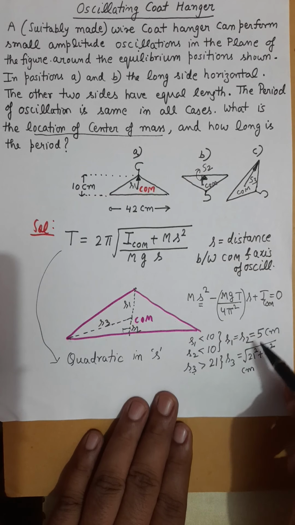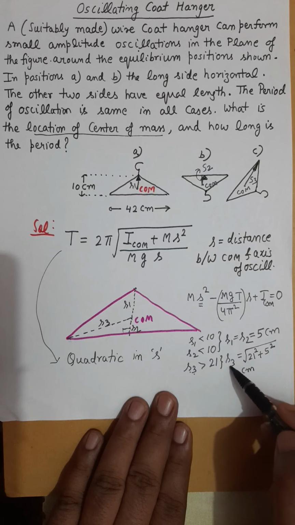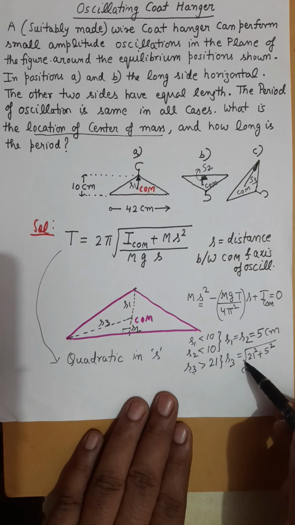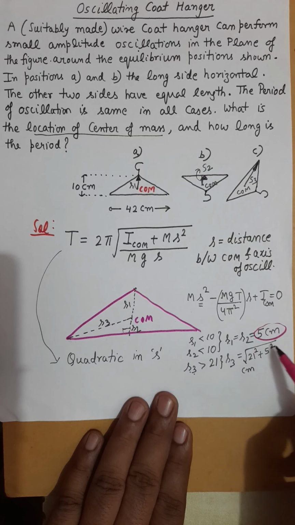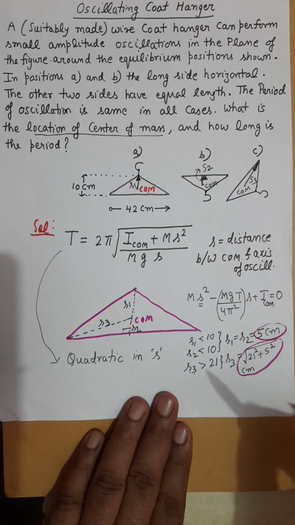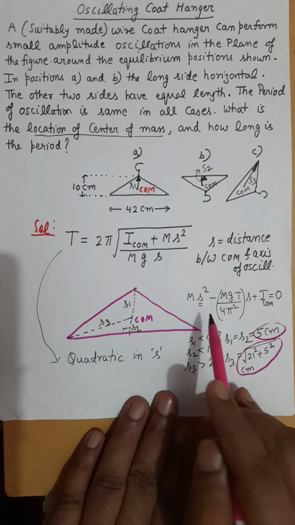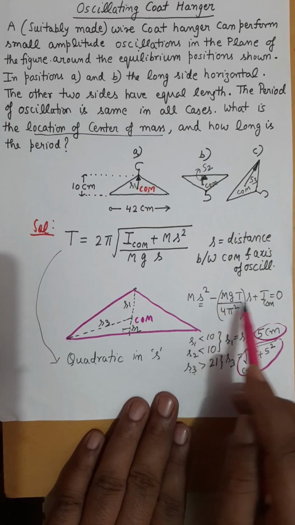Now this 5 and the value of s3, whatever value you obtain here, these two numbers are the two roots corresponding to this quadratic equation.